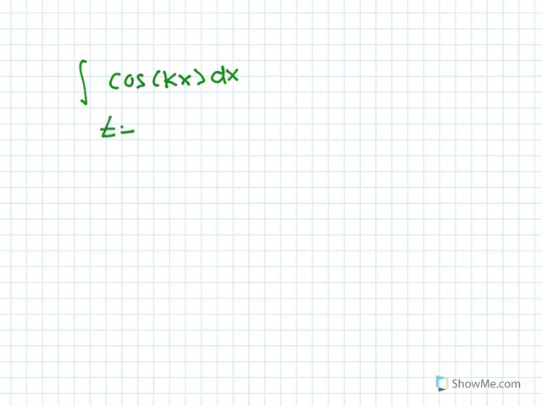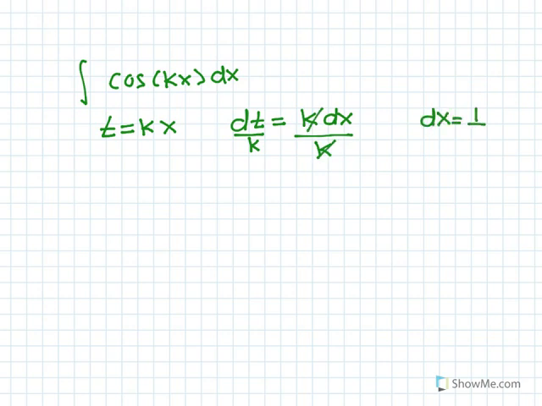We let t be equal to kx. dt is equal to k dx. That's taking the derivative of kx. Now divide by k, and we get dx is 1 over k dt.